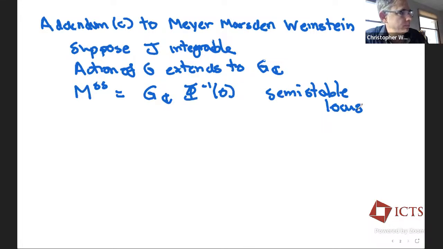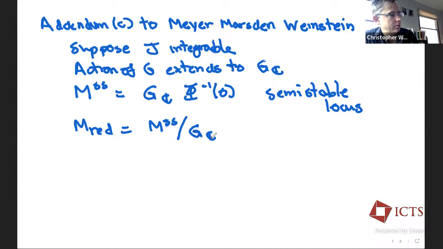And so then the quotient of the semi-stable locus by this action, this is just another way of defining the symplectic quotient.